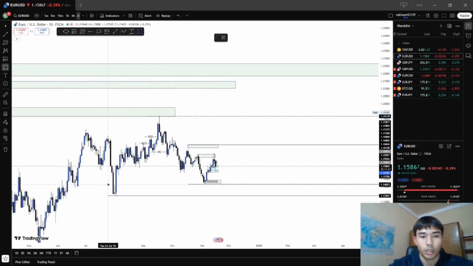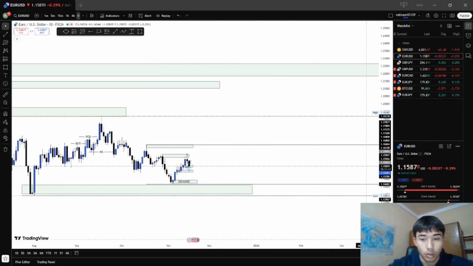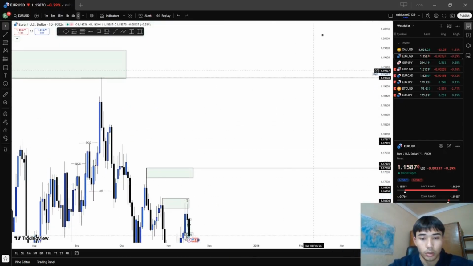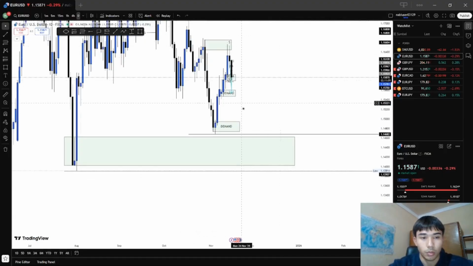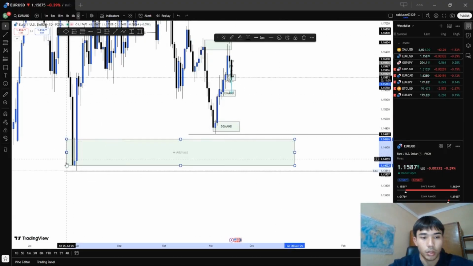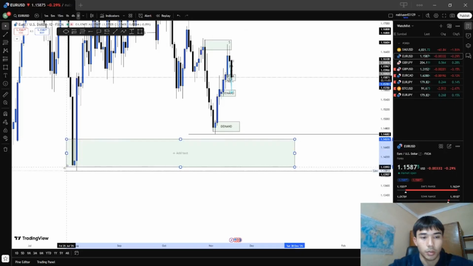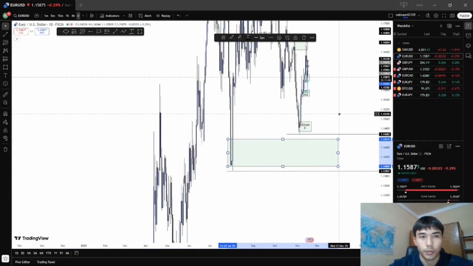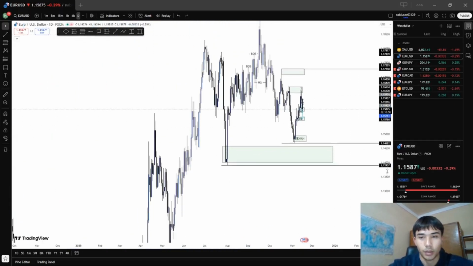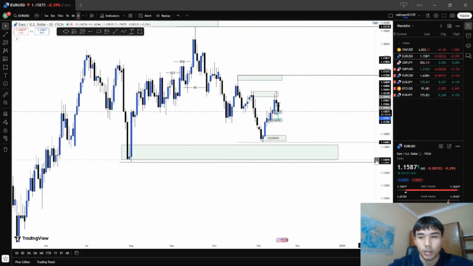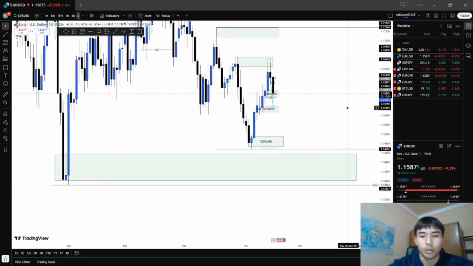So we are waiting for the price to come down and spike up. We are waiting for the price to come here, respect this level and go up on our daily time frame, which takes a lot of time, maybe a month or two.